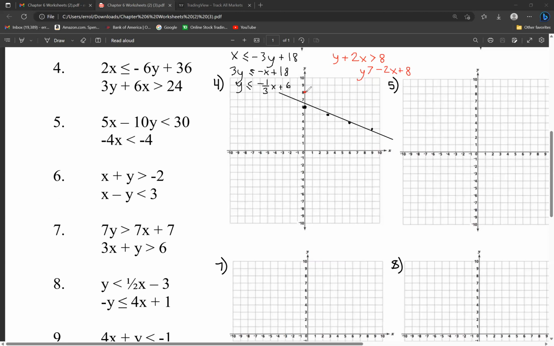Okay, next. Where's the second dot? Down 2, to the right 1. Okay, so above that line or below that line?